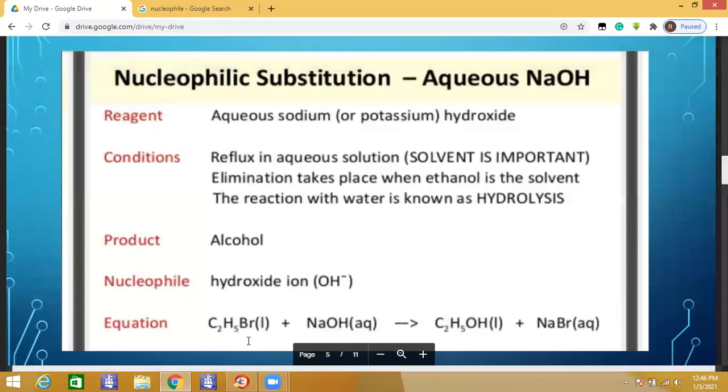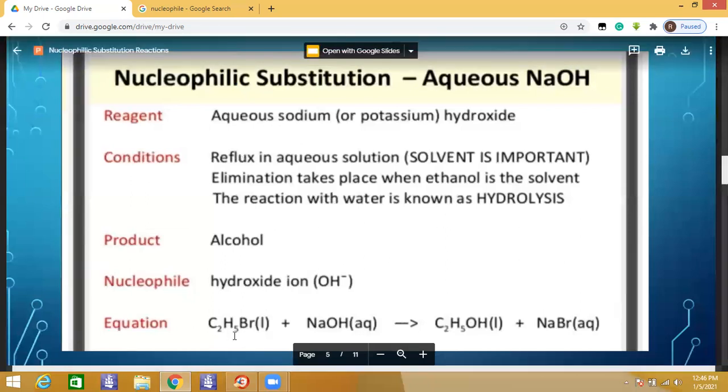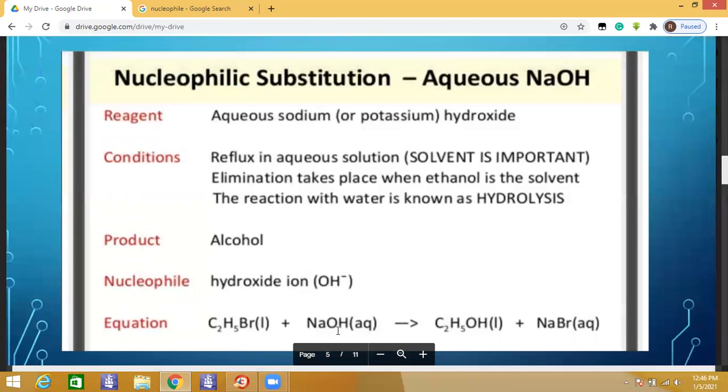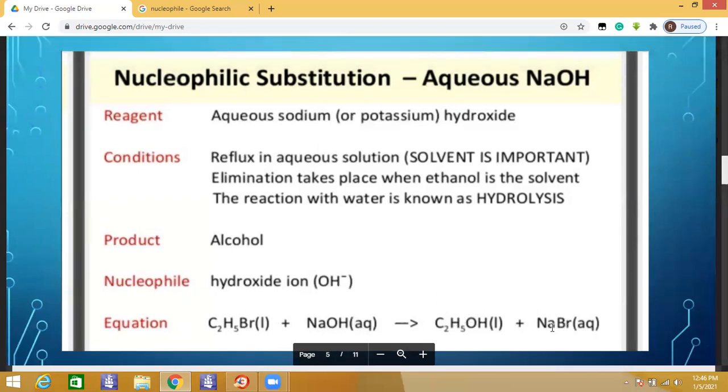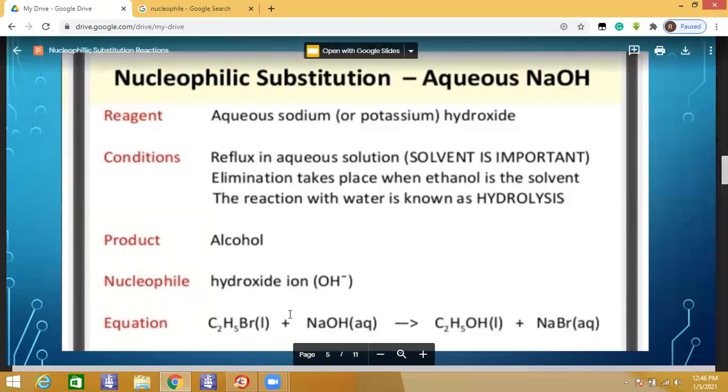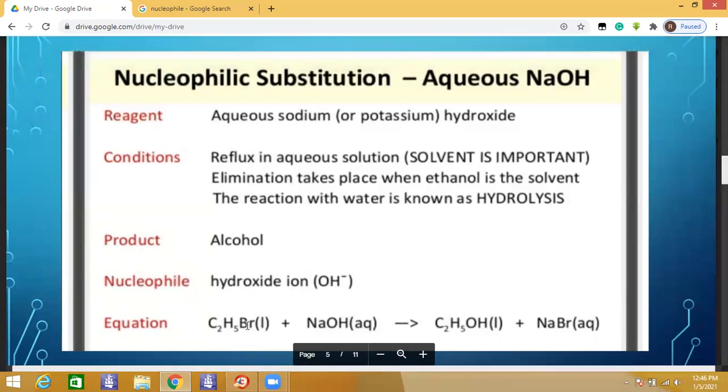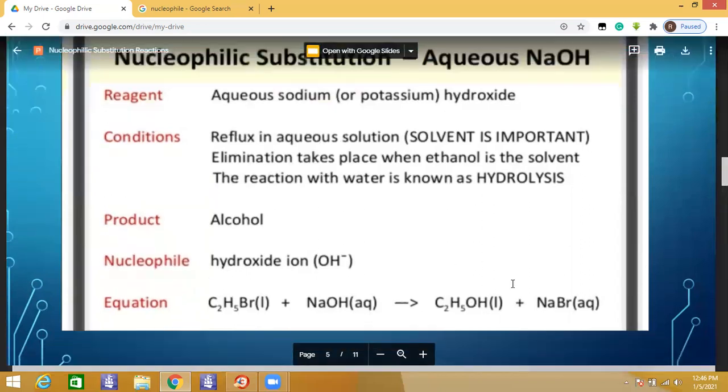Look at this equation where ethyl bromide is reacting with sodium hydroxide. It displaces the bromide ion, giving you alcohol as a product and sodium bromide as a side product, which is formed by the leaving group bromine reacting with the sodium.